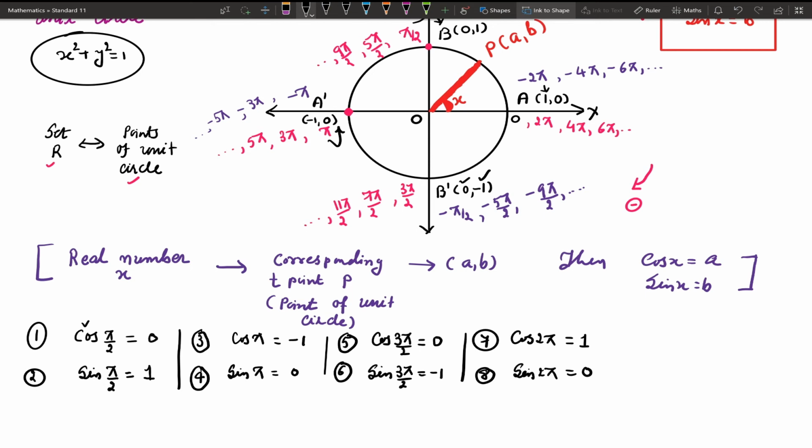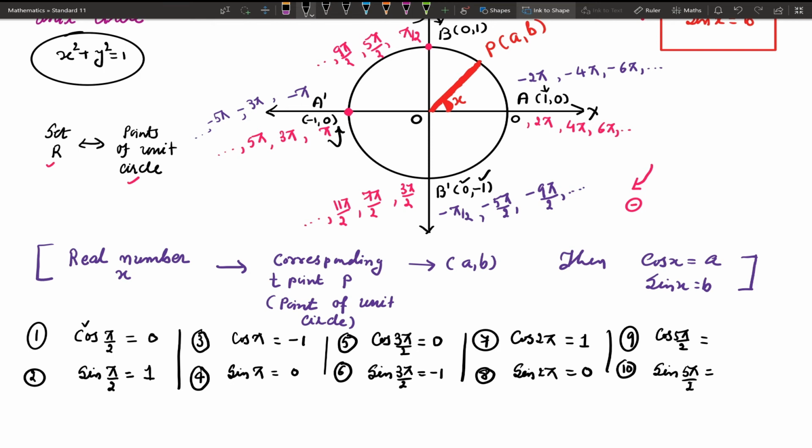9, 10 example, say cos 5 pi by 2, sin 5 pi by 2. Now from the unit circle find out the point corresponding to 5 pi by 2.